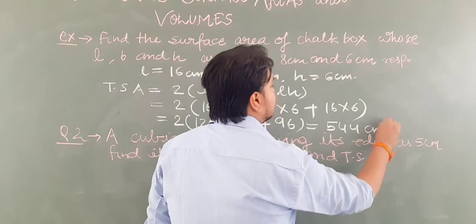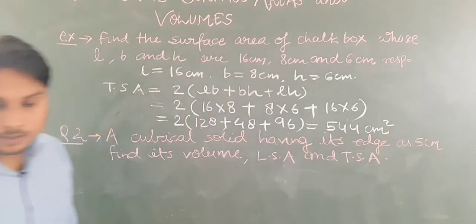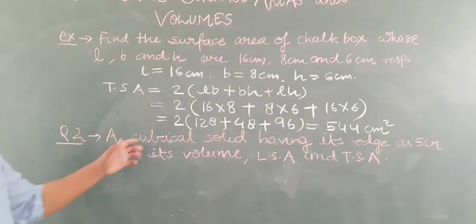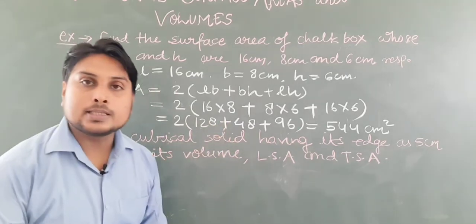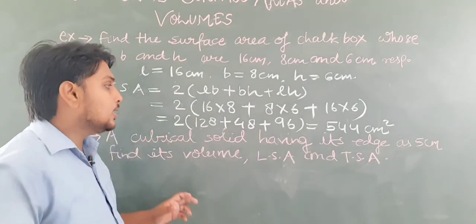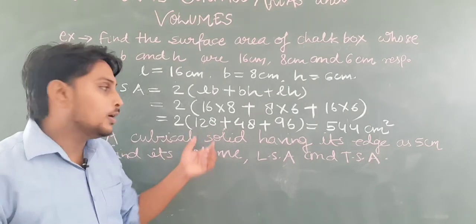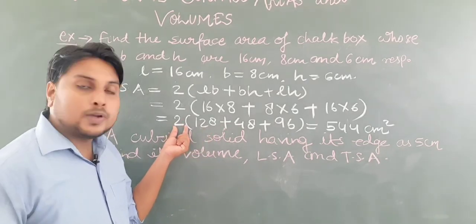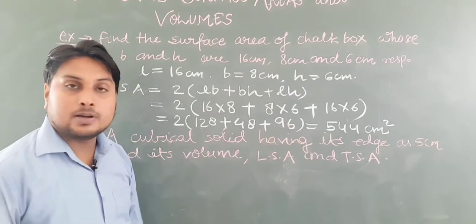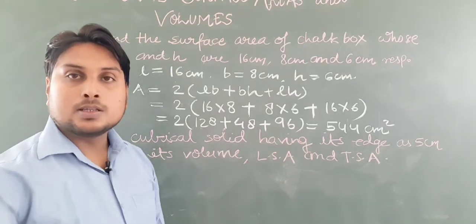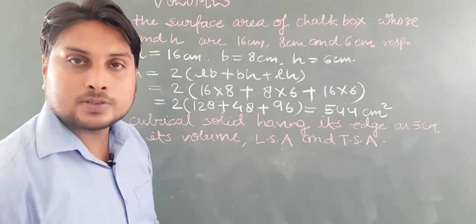Since it is given in centimeter, it will be centimeter square. Is it clear? When you add these three, you get 272, and when you take twice of it, it will be 544. So this is the first example that we have solved.